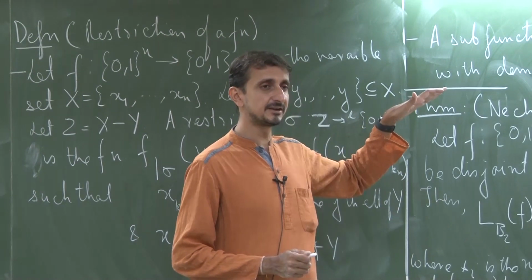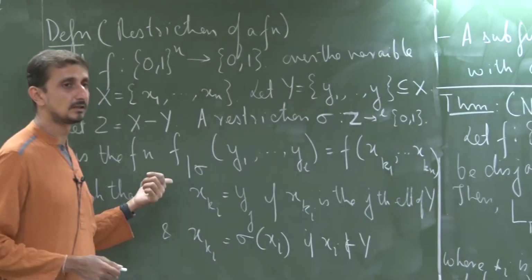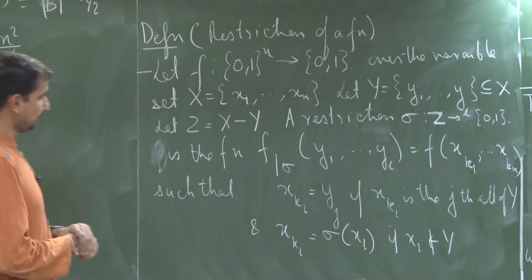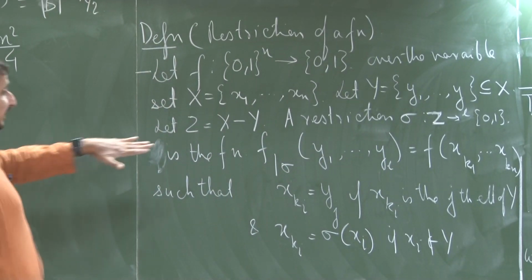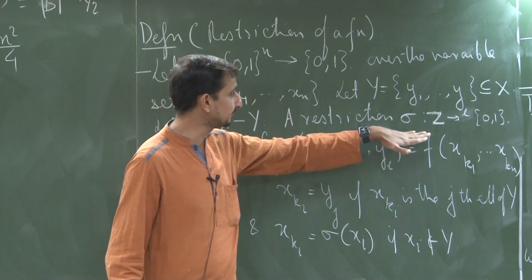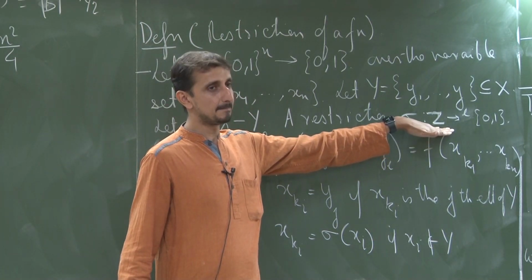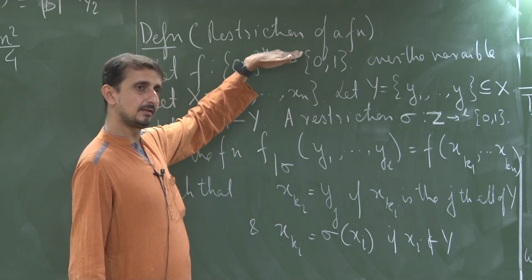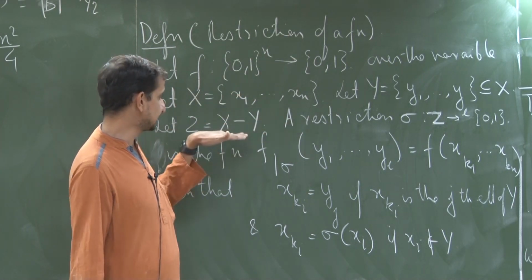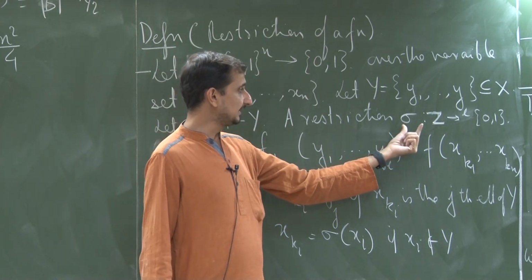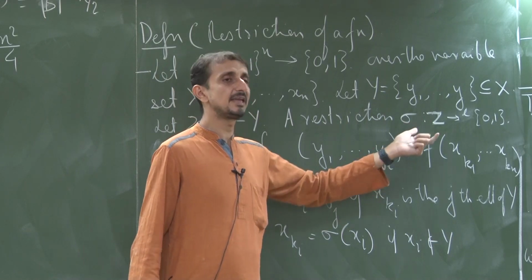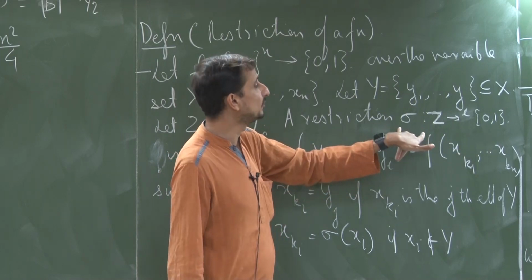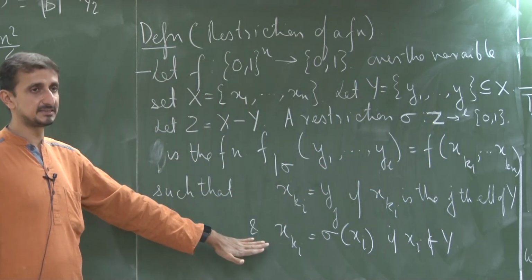The definition should be like, given sigma, the restriction is the function. Which definition are you talking about? Yes, given sigma, a restriction, so here I am defining a restriction. A restriction is a function sigma on z. Given a function f and a set y, a restriction is a Boolean function sigma on x minus y, defined in this manner.